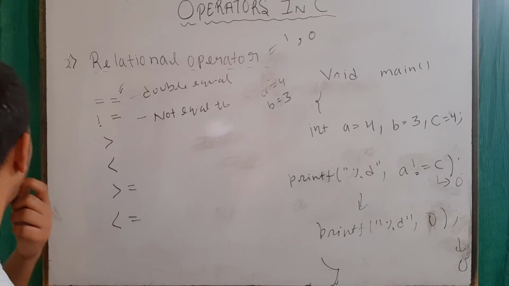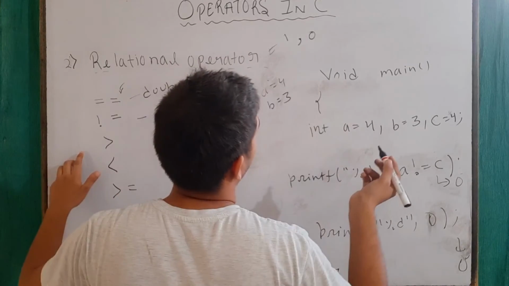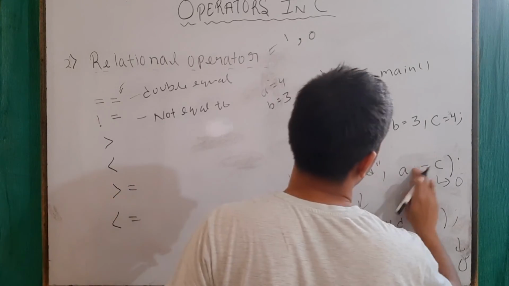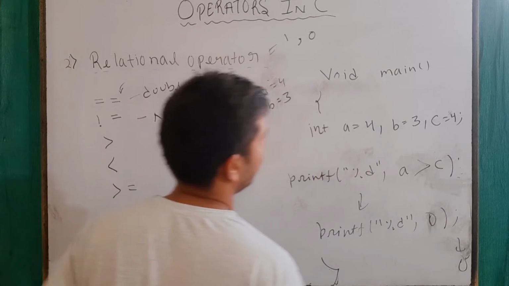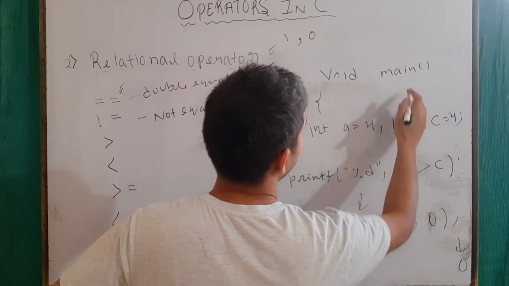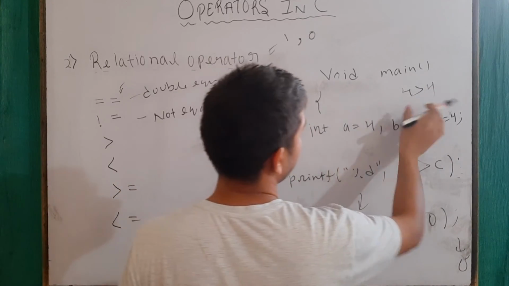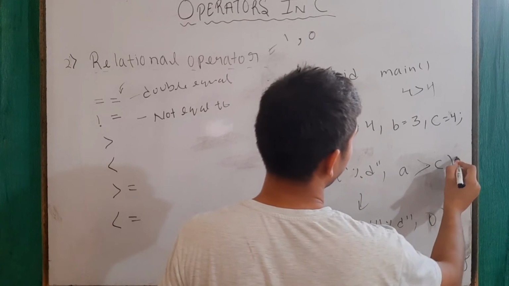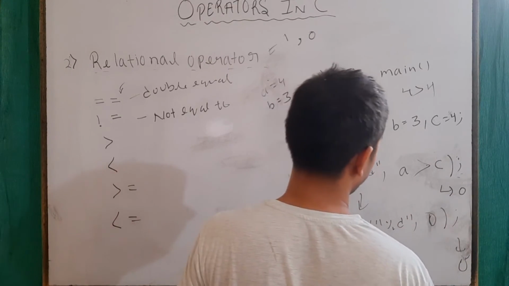Okay, now greater than. Let me write it here. It's simple. Whether A is greater than C or not. Is 4 greater than 4? No, it is not. 4 is equal to 4. So it will give us false, and false means it will print output as 0.